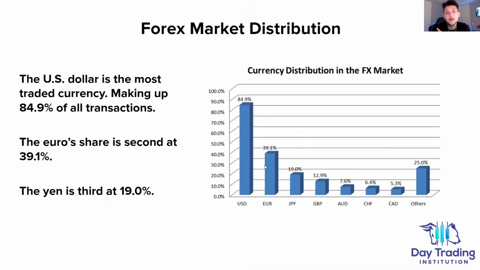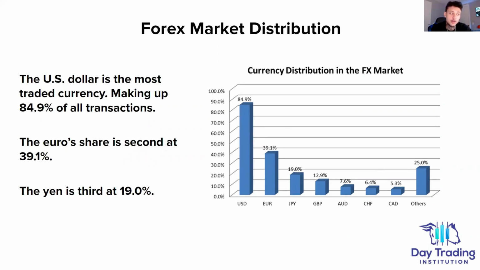So when we talk about the Forex market and the overall distribution of the currencies that are traded, the US dollar is the most traded currency, making up 84.9% of all Forex transactions. And you can see the euro makes up about 39.1. So these are typically going to be your more volatile pairs to trade, anything that has the USD or the euro.